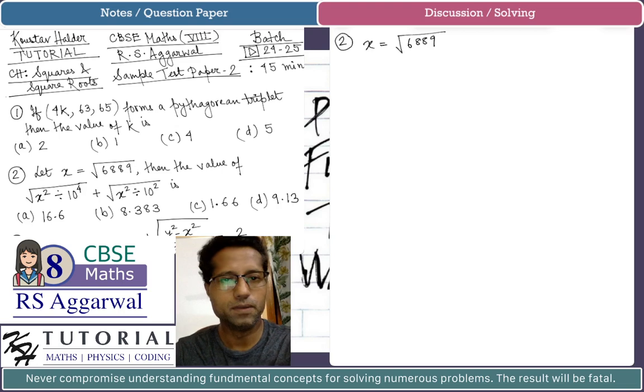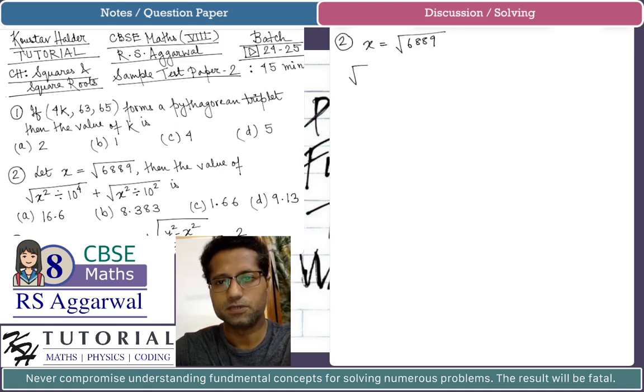You have to be very careful in understanding the problem whether indeed we need to find the value of square root of 6889, that is, if we need to find the value of x. But before that, let's see what the given expression is.